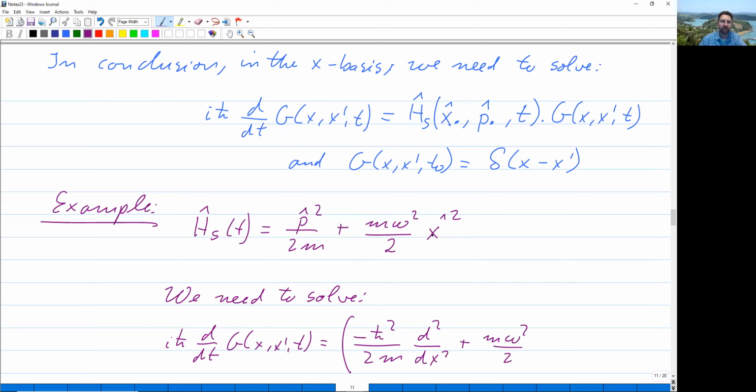And we know how this thing is acting in the position basis, namely simply by multiplying by x. So we have here x squared and G(x, x', t). And of course also G(x, x', t0) at t0 is equal to delta of x minus x'. This is what we need to solve now.